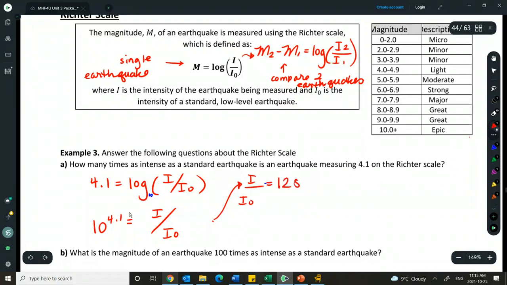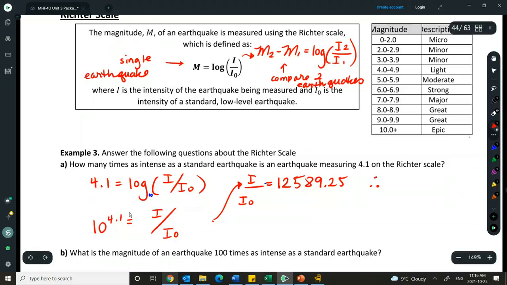About 12,589.25. So an earthquake measuring 4.1 on the Richter scale is going to be about 12,589.25 times as intense as what we compare it to, which is like magnitude of 0, like the smallest micro level earthquake.